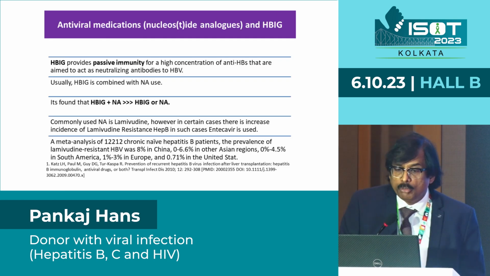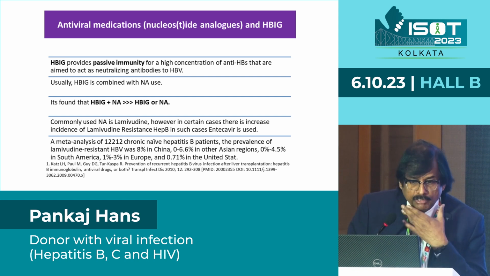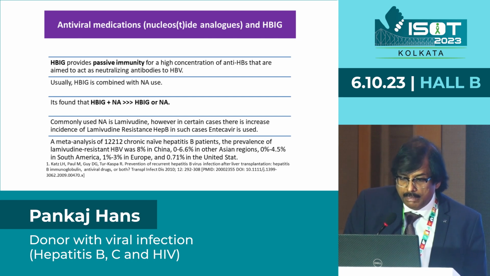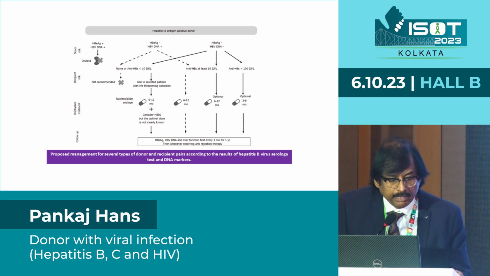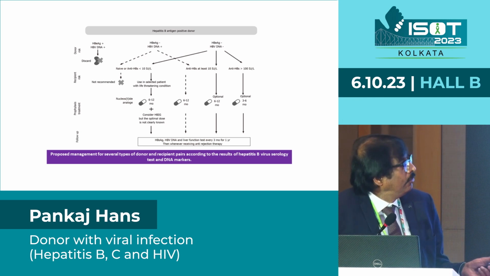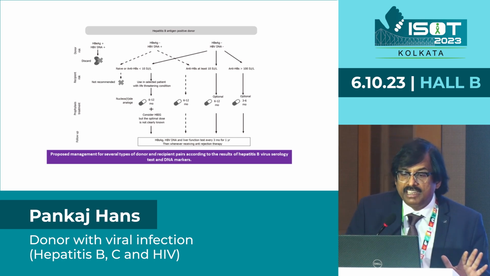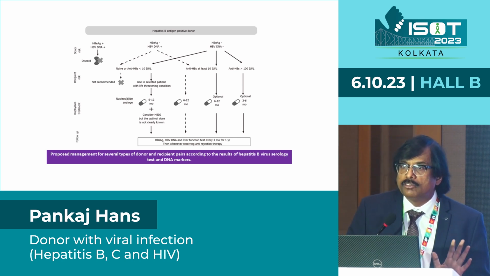Use of hepatitis B immunoglobulin provides passive immunity, and it is combined with nucleoside or nucleotide analogues. Lamivudine is not that frequently used these days. It can be divided into 3 ways. One is the patient is both HBeAg positive and HBV DNA positive. Just discard these organs.